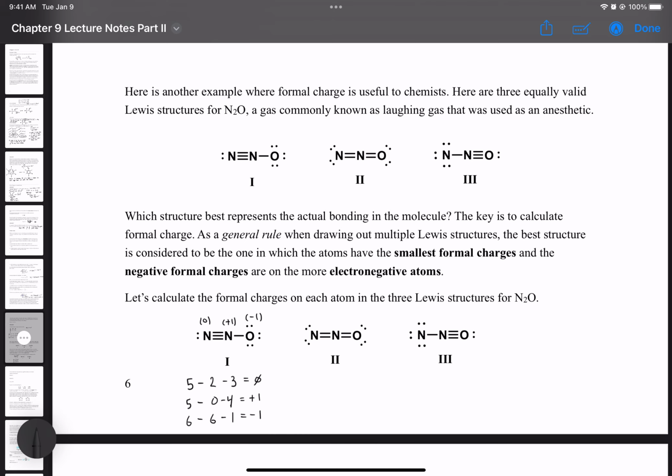Okay, now let's do structure 2. 5 minus 4 from lone pairs minus 2 from bonding. So this will give us -1 on nitrogen. And then the nitrogen in the center here is 5 minus 0 minus 4 bonds. So again, +1.